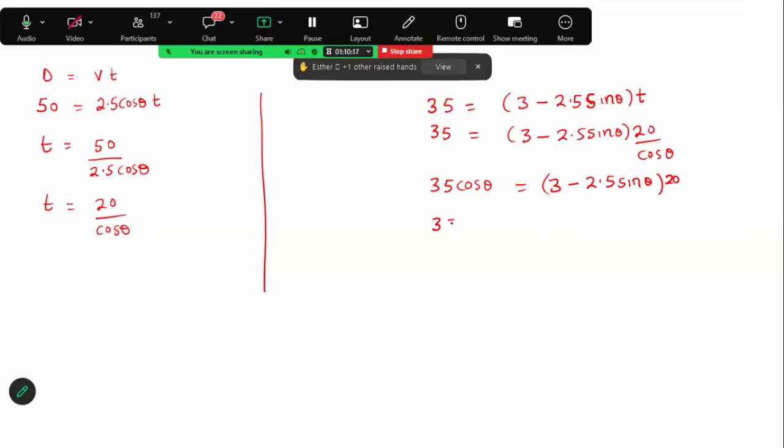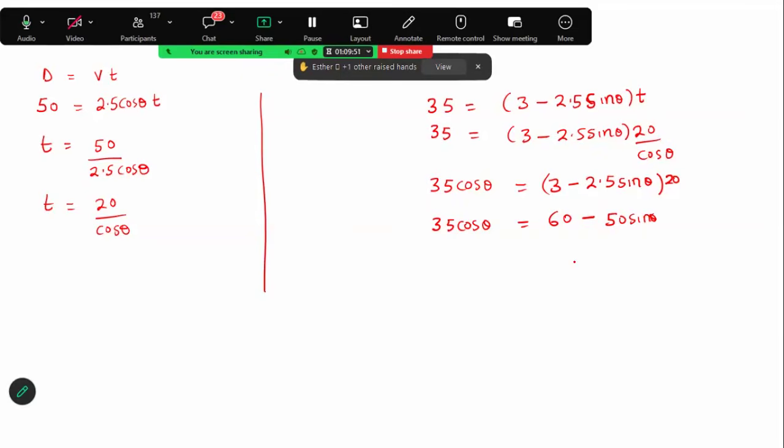So this is going to be 35 cos of theta equaling 60 minus 2.5 times the 20, you end up with 50 sine of theta. Now, what can you do? You can solve using any approach of your choice. Since you have the cos and the sines, I can solve using any of the two.